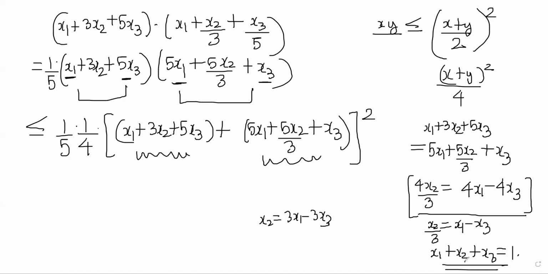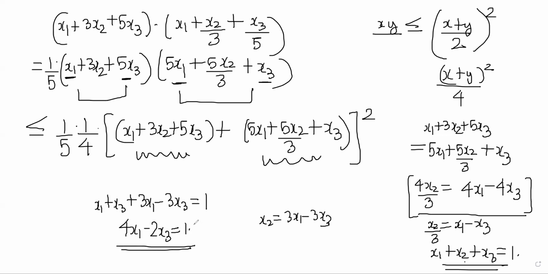And we put that x2 here, we will get x1 + x3 + 3x1 minus 3x3 is equal to 1. You get 4x1 minus 2x3 is equal to 1. One possible way in which this can be satisfied is if x1 is equal to x3 is equal to half.